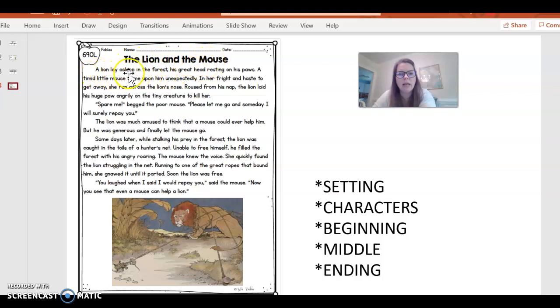A lion lay asleep in the forest, his great head resting on his paws. A timid little mouse came upon him unexpectedly. In her fright and haste to get away, she ran across the lion's nose. Roused from his nap, the lion laid his huge paw angrily on the tiny creature to kill her.